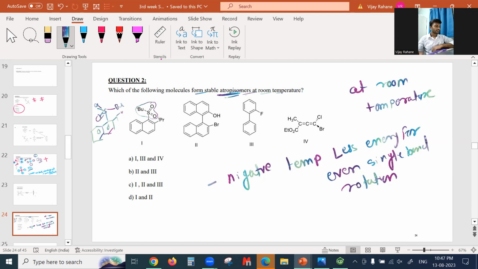So the isopropyl, like CH2 CH3, like this way. So these are the two isomers present for this molecule, atropisomers. So this will be at room temperature as well, because of the steric crowding of this isopropyl group. At room temperature, this molecule can't rotate around this carbon sulfur bond. So this also has one kind of atropisomerism in this bond.